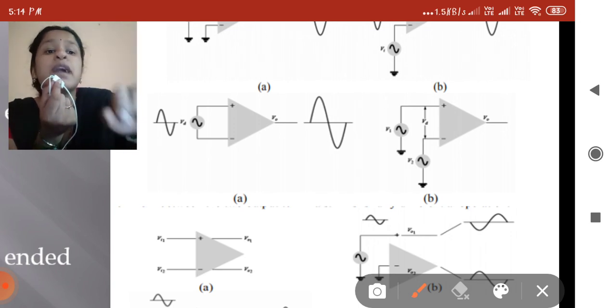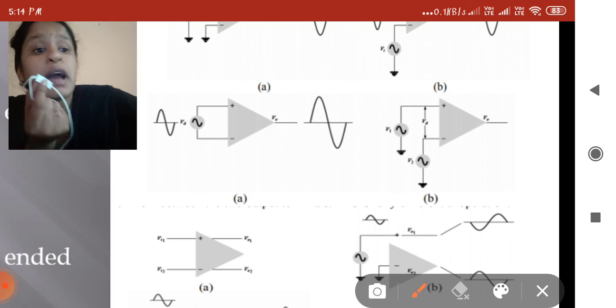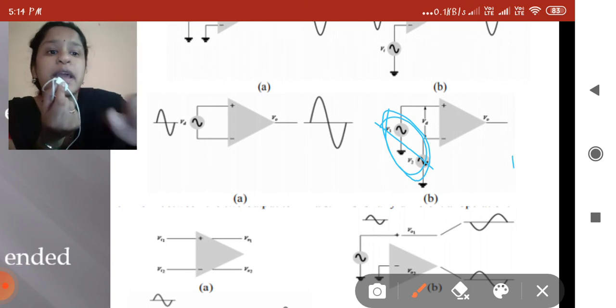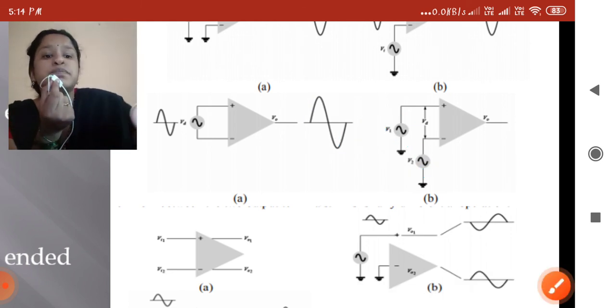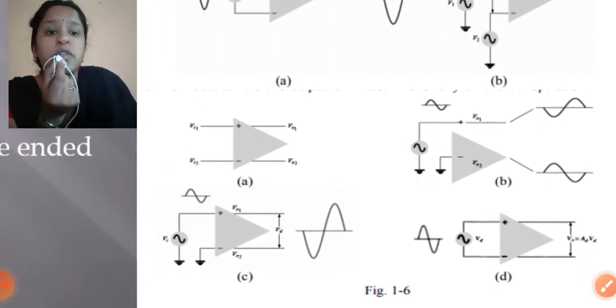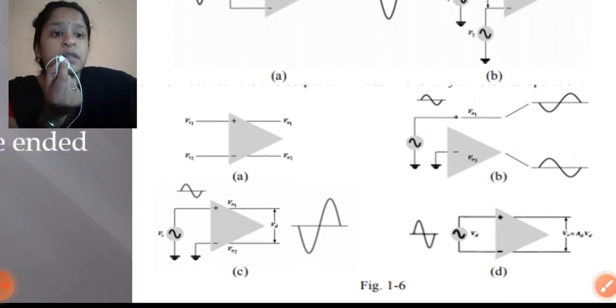If we connect both inputs, whatever voltage we are giving here, both voltages are the same value. We can get the output in the same way. Then it is a double-ended output. We are connecting to the non-inverting terminal, otherwise we can join it here.